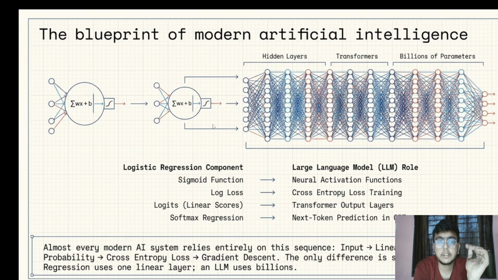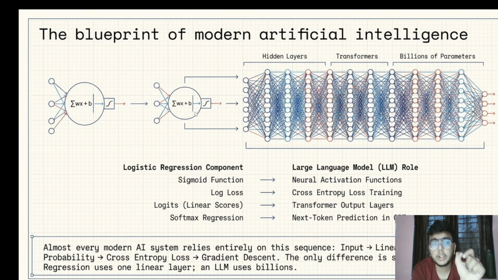Here you can see the components of logistic regression and their role in LLMs. Sigmoid is a neural activation function. Log loss is cross entropy loss training. Logits, meaning linear score y equals wx plus b, are the transformer output layer. Softmax regression means next token prediction in GPT.